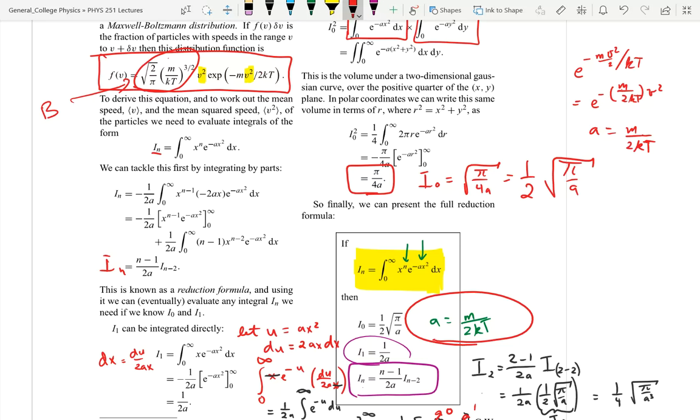If it says find RMS speed, then you have to know RMS means root mean squared, which means I have to take the square root of the average of the velocity squared. How do I find the average of the velocity squared? The integral of velocity squared times the probability of the velocity.